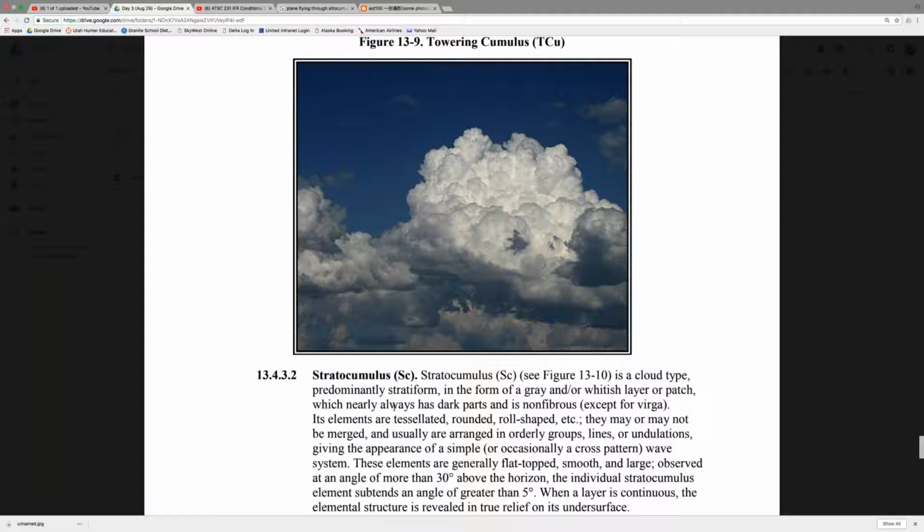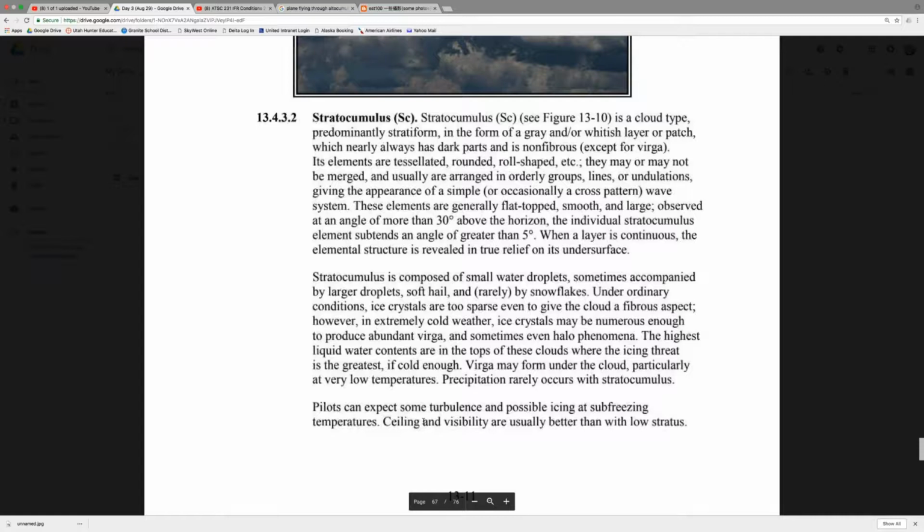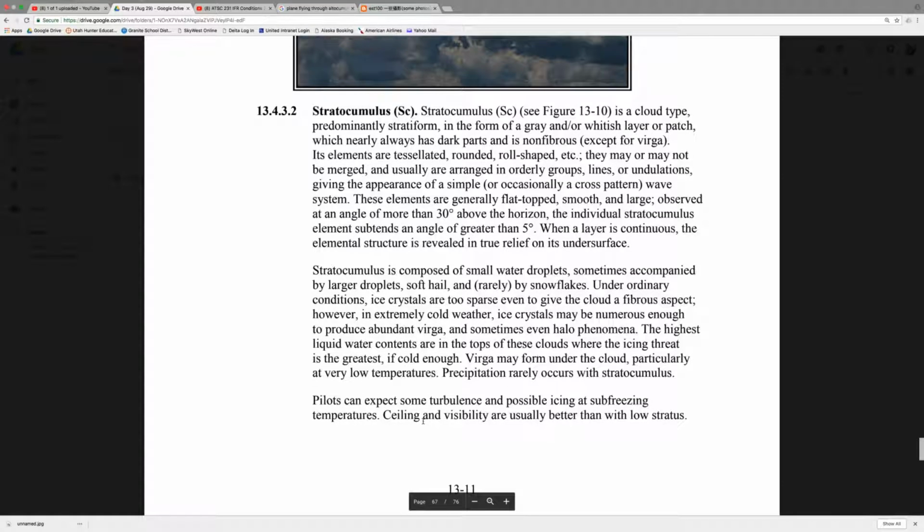So we also have Stratocumulus. They're predominantly stratiform, but it always has dark parts that are non-fibrous, giving them the appearance of a simple or occasional cross pattern wave system.